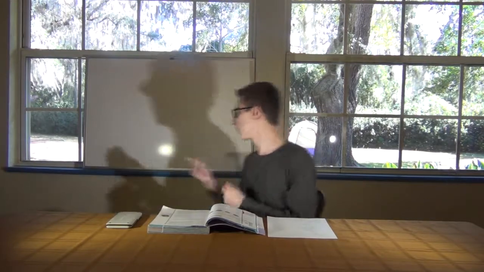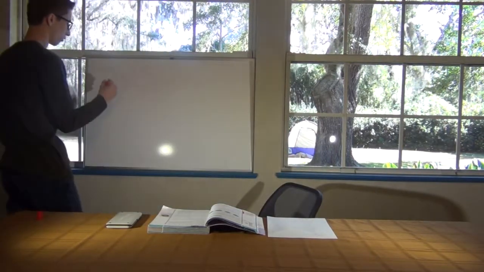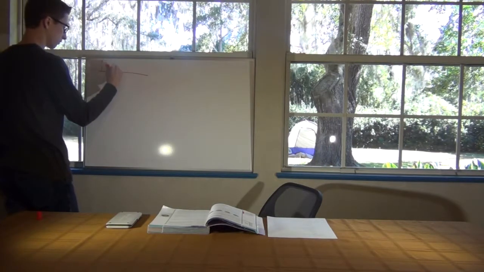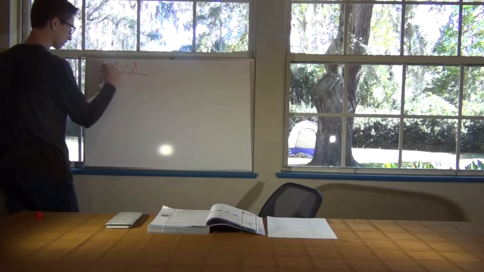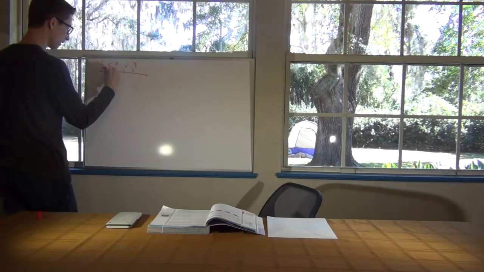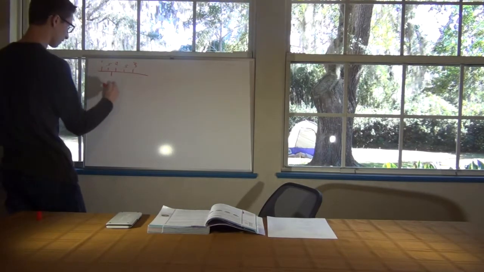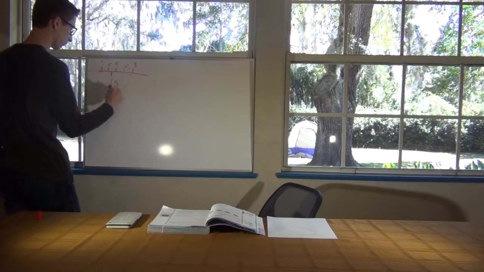So, let's say that you're taking a measurement of something with a ruler. Here's the ruler's scale. You've got a 1, a 2, a 3, and then you got little half marks in between. Let's say your measurement lies about right here. So we're going to guess, and we're going to say that that measurement is about 1.55.